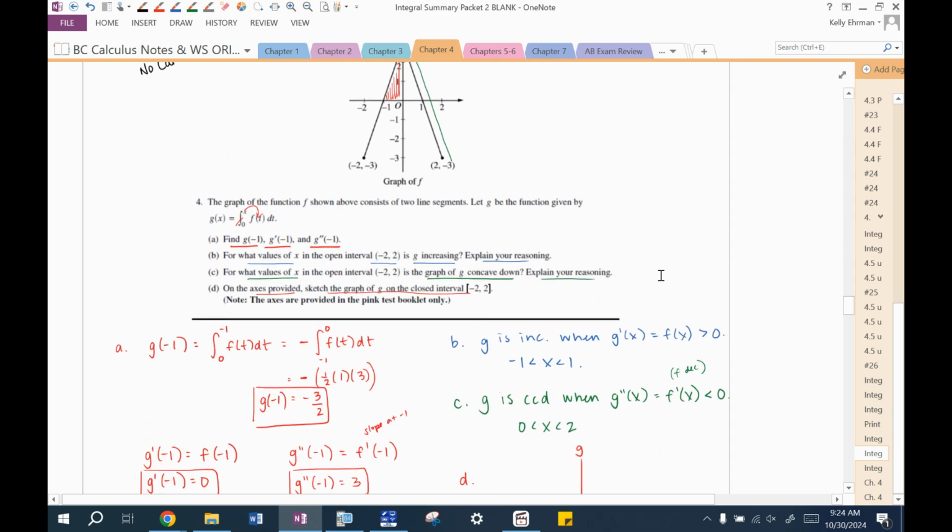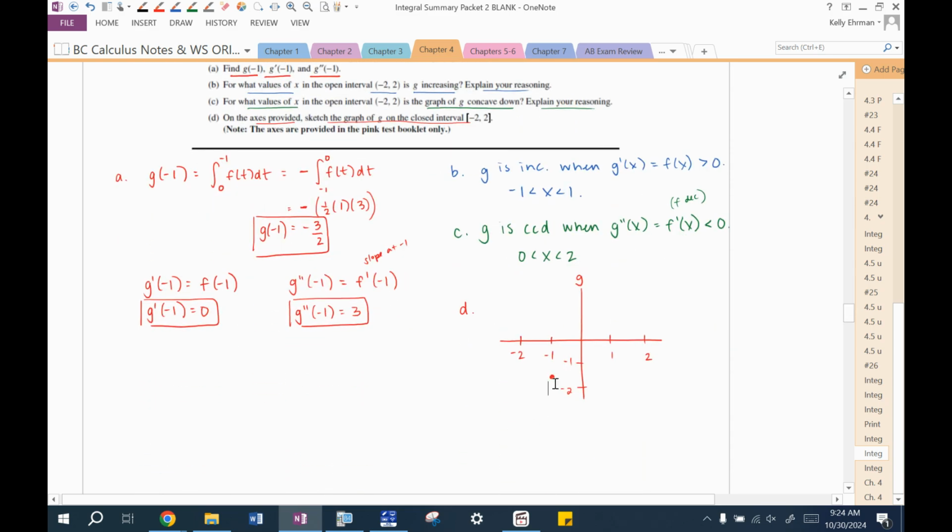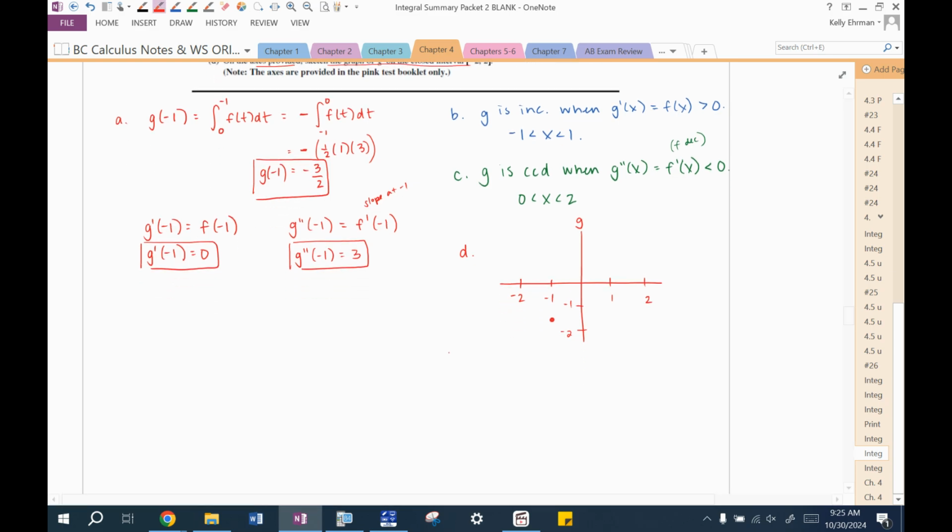Okay, and then I can find some other values. I can't just roughly sketch this. I need to figure out what's g of negative 2, what's g of 0, et cetera. So let's do a little chart here. So g of negative 2 will be the integral from 0 to negative 2 of f of t dt, which is going to be the negative integral from negative 2 to 0, which is going to be negative what?